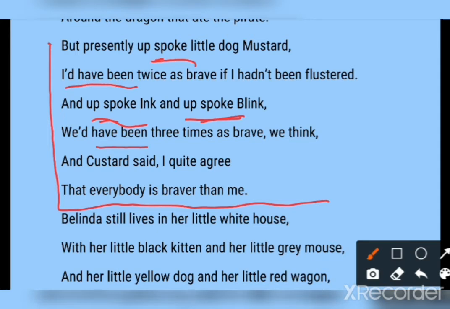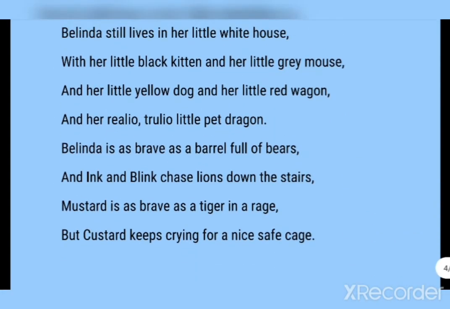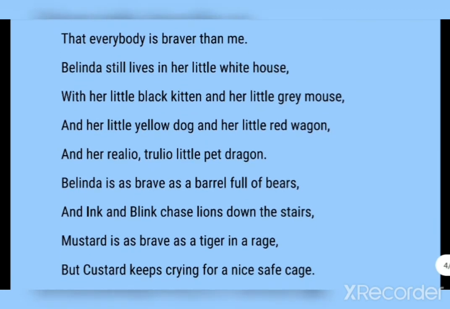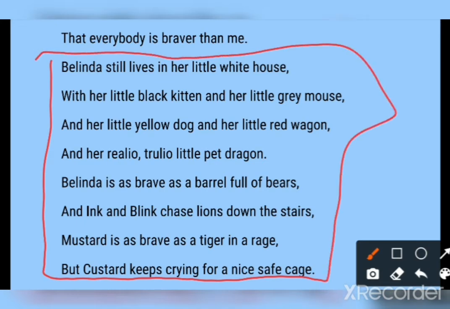And the rest of the two stanzas, that is stanza 14 and 15, these stanzas are refrain. The first two stanzas are repeated again, and they form a refrain in this poem.